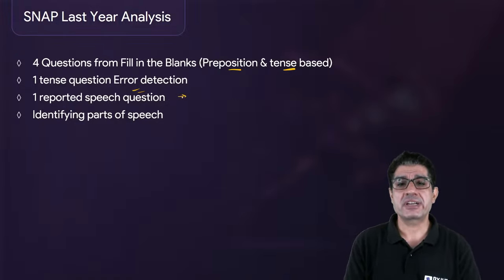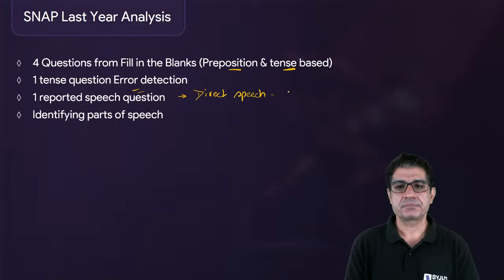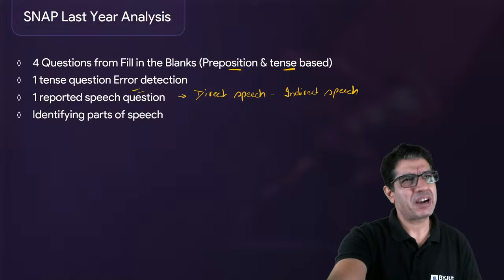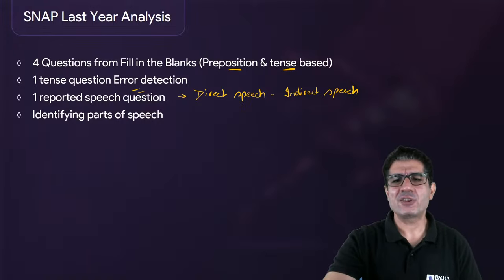So when I say reported speech question, we're talking about direct speech, indirect speech, right? So that was a bit, and then parts of speech is an area which has more or less been fairly regular in the exam.